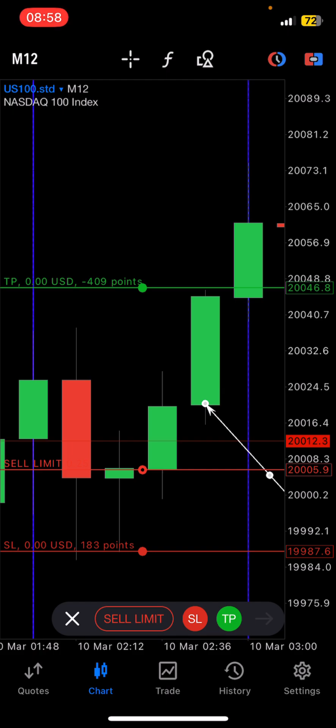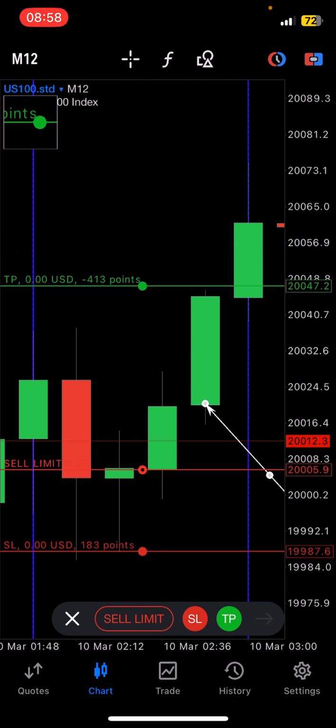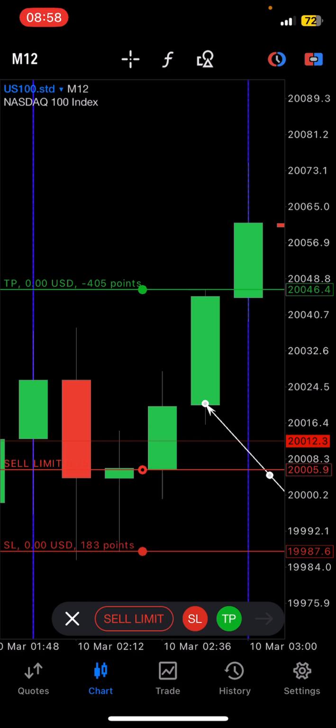That is going to be the closing price of this candlestick. So that means I was going to risk 1,800 points to gain 4,000 points when I'm getting out of this move. Now, okay, that's it.